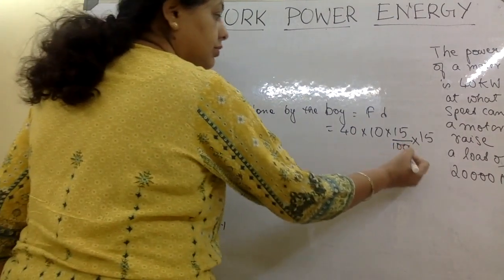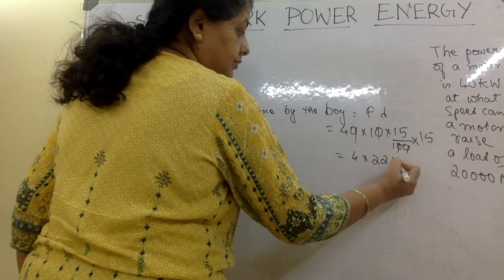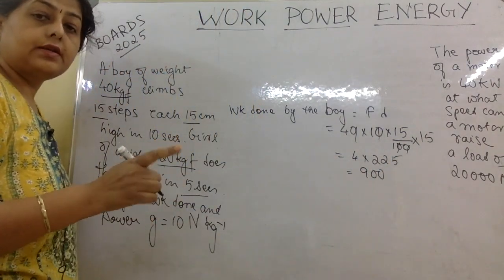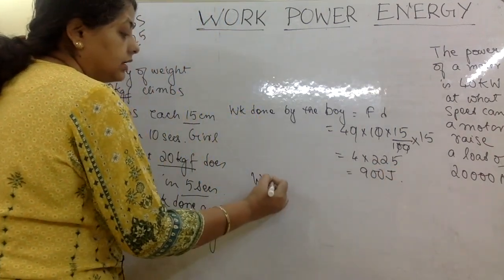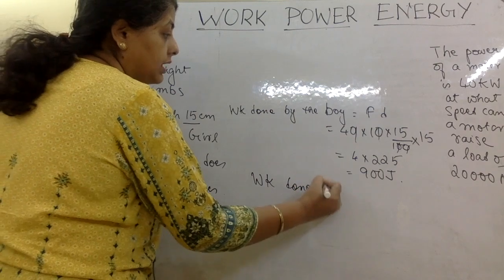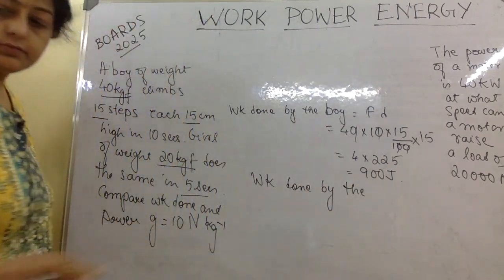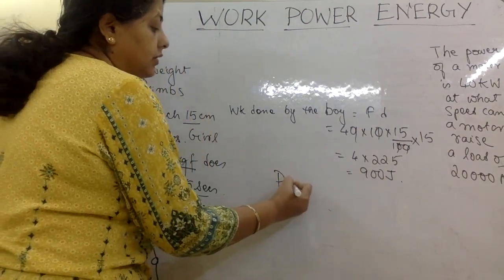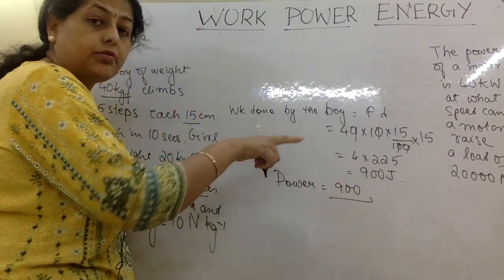Now that comes to 900. 900 what? Since this is work, it is joules. Now the power of the boy. Very simply, power is always work by time.